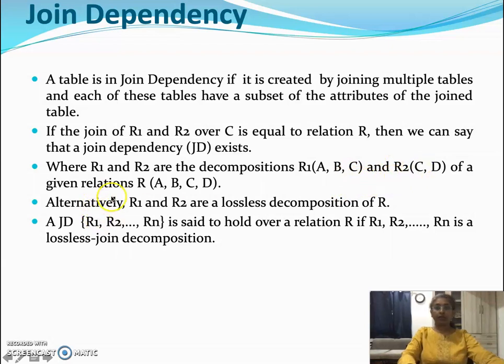So when we create the relation R with A, B, C, D, it will be join dependent, as all the data of R1 and R2 will exist in the relation R. This is known as a lossless decomposition, where none of the data is lost from R1 and R2. I'll show this with an example.